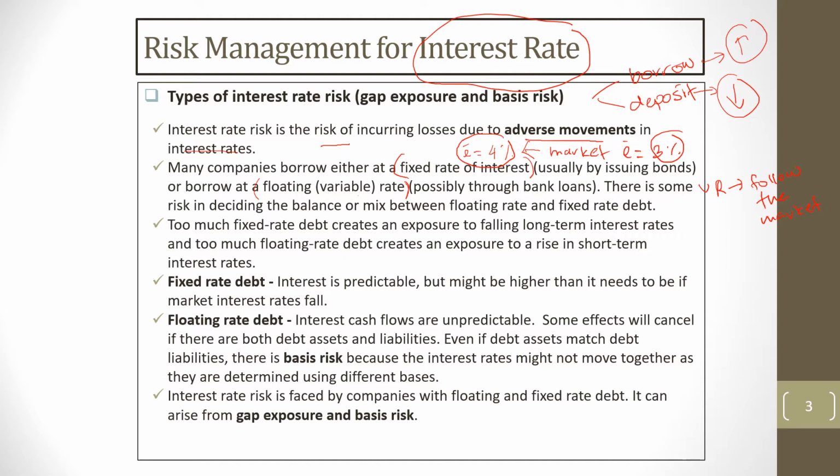Okay, so there is some risk in deciding the balance or mix between floating and fixed rate debt. So dia ada risiko-risiko dia yang tersendiri. So too much fixed rate debt create an exposure to falling long-term interest rate, and too much floating rate debt creates an exposure to a rise in a short-term interest rate. So, ini adalah dia punya risiko-risiko. Risk.